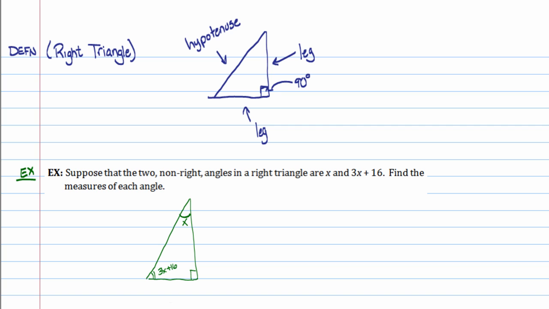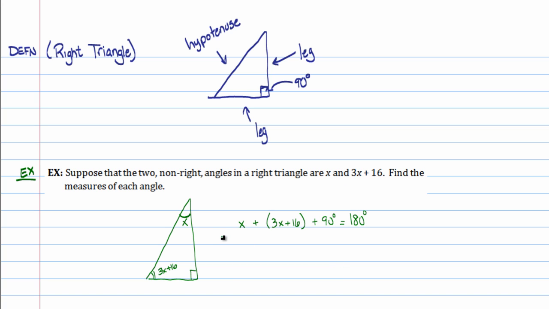plus 16. Now, one of the theorems in mathematics that involves triangles, that I didn't bother writing down, is that the sum of the angles in a triangle must add up to 180 degrees. That is, x plus that 3x plus 16 plus that extra 90-degree angle must add up to 180 degrees.